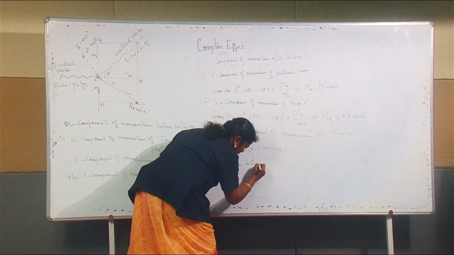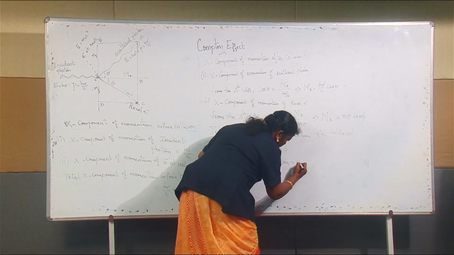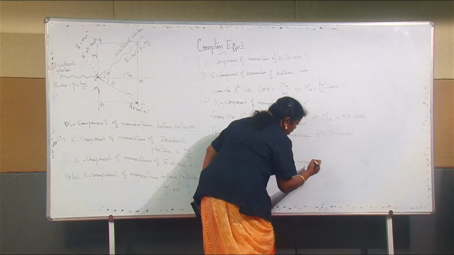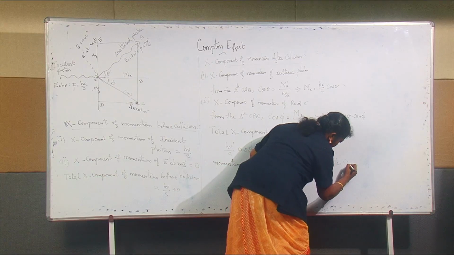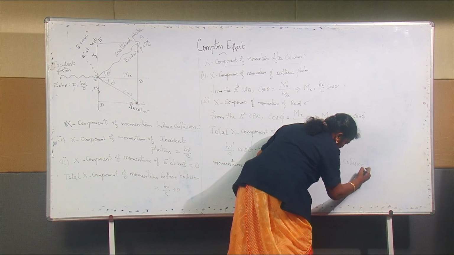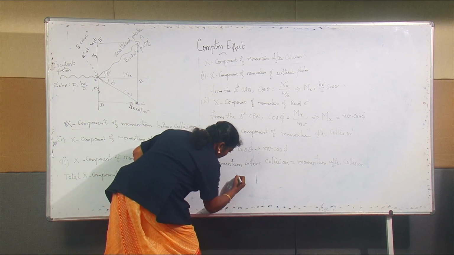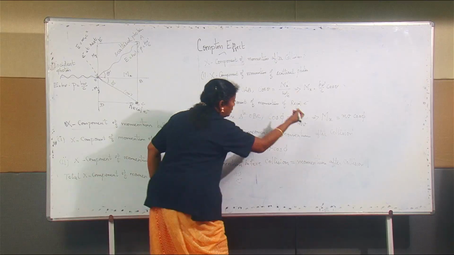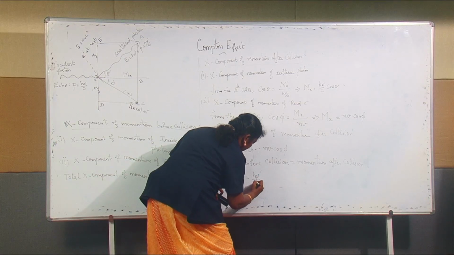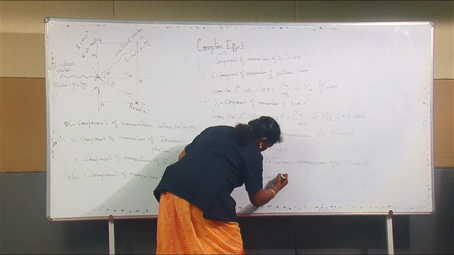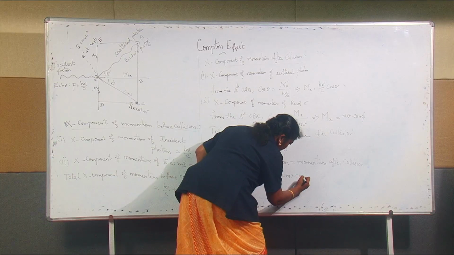Here we have h nu by c, and on this side we have h nu dash by c cos theta plus mv cos phi.